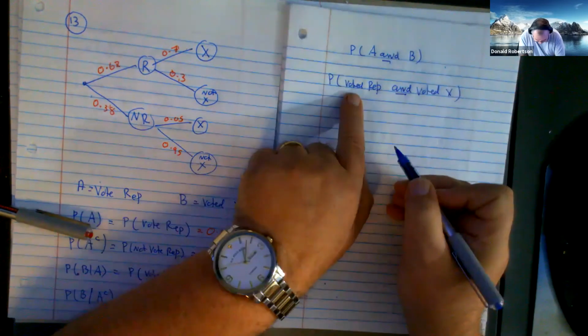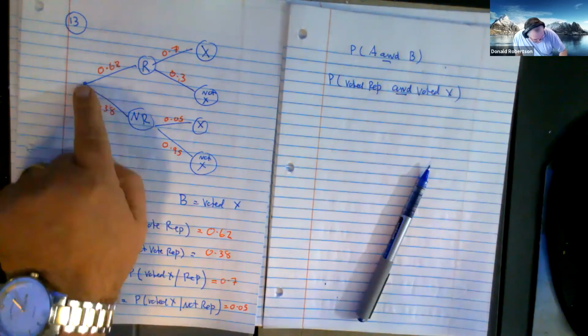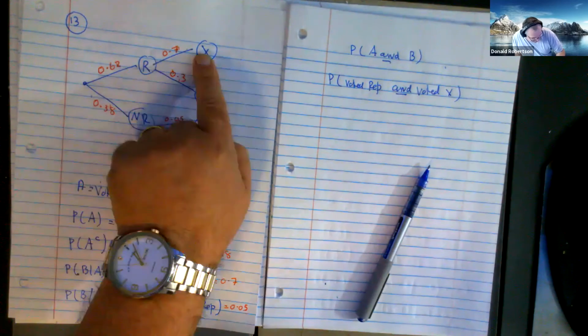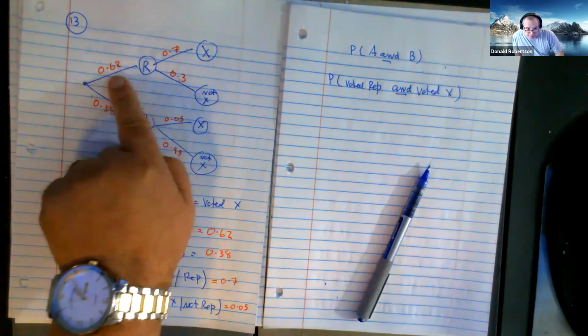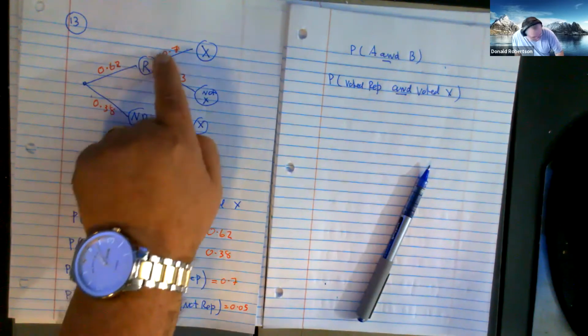Voted Republican, voted X. Now on my diagram, when you find people who are Republican and voted X, you see it's this top pathway, right? You voted Republican and you voted X.